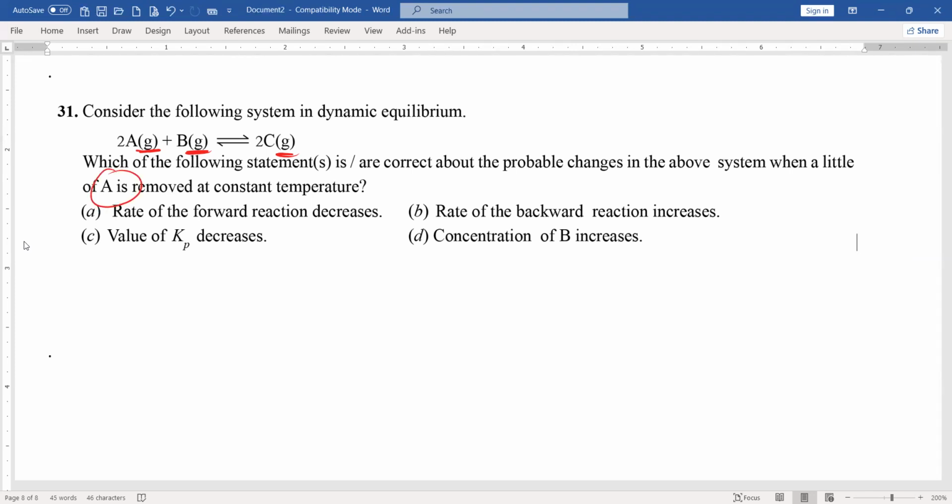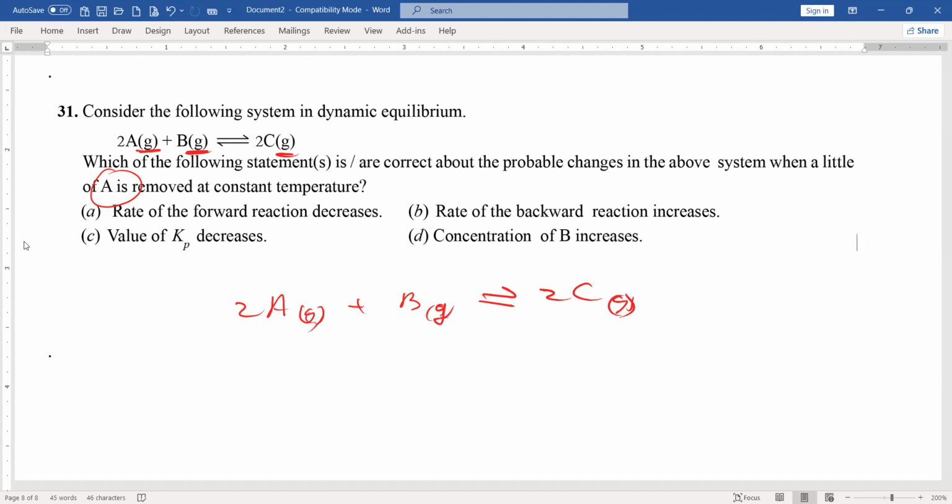What happens if you remove A? A is a gas, B is a gas. If we remove A, according to Le Chatelier principle, it tends to minimize the change. So the system starts to increase the amount of A, meaning the reaction has to be reversed.